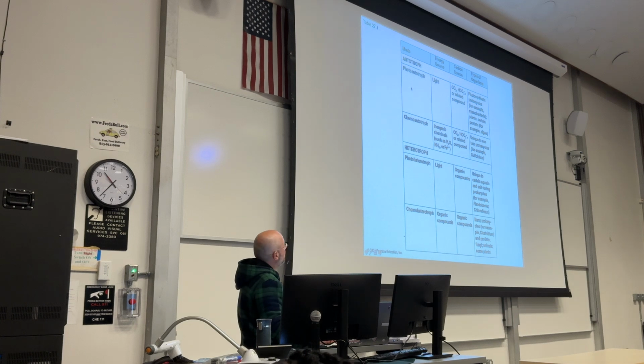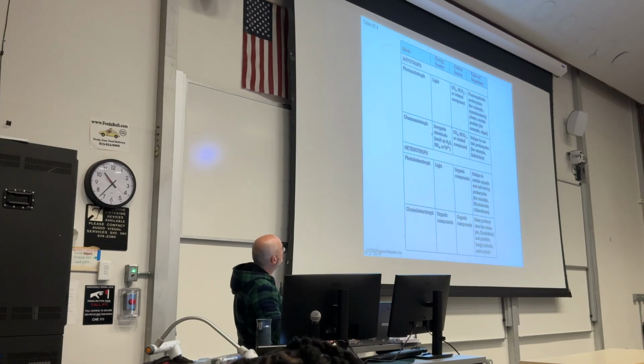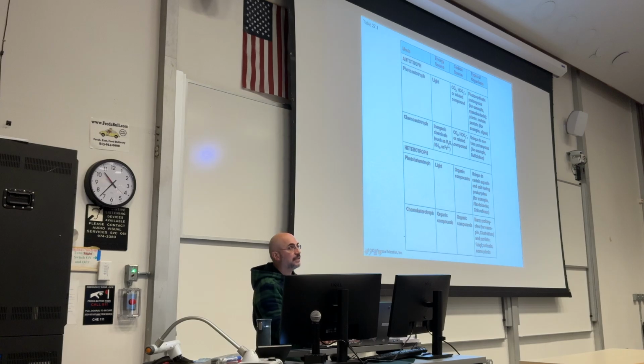Photoautotrophs is just like plants, right? They use light to produce the chemical energy. Chemoautotrophs is similar to this one, but instead of using light, it uses inorganic chemistry. Especially this is present in organisms where light is not abundant, like for example at the bottom of oceans.